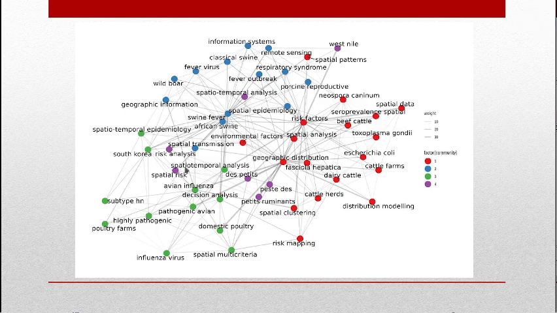So you can see this green, this is one cluster, red is another cluster. If these clusters are also connected to other communities, then we will say that it has more degree centrality, meaning across the research landscape the communities in this network are also connected.